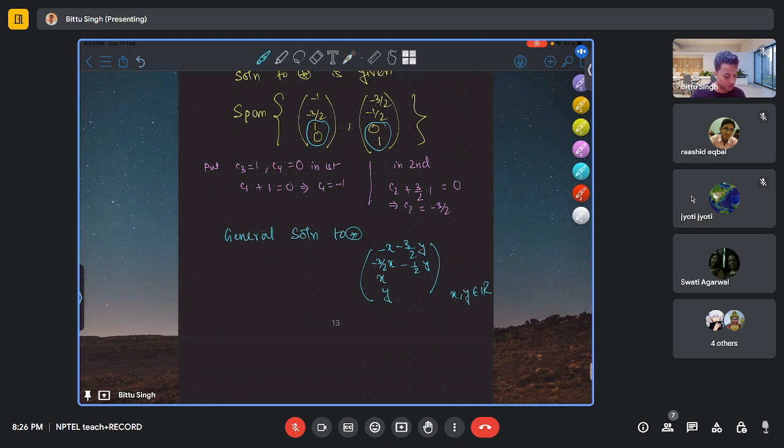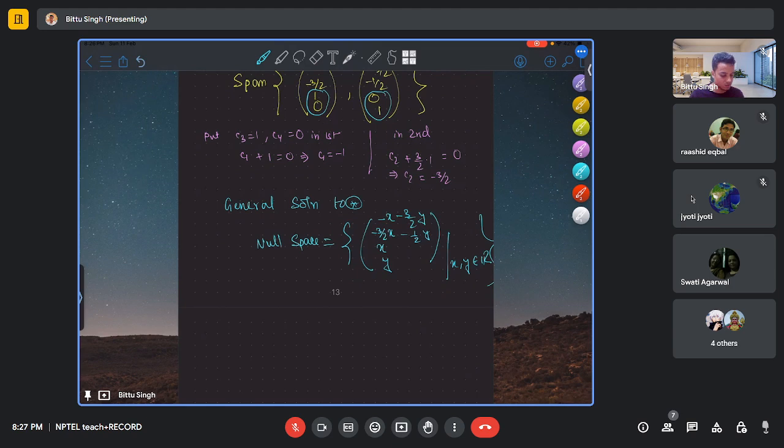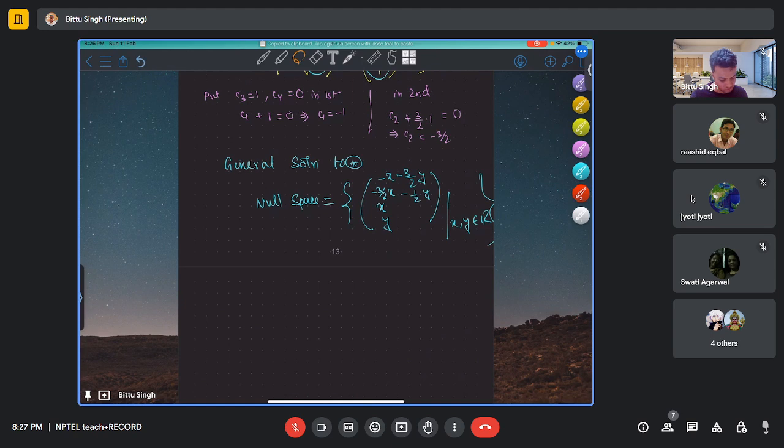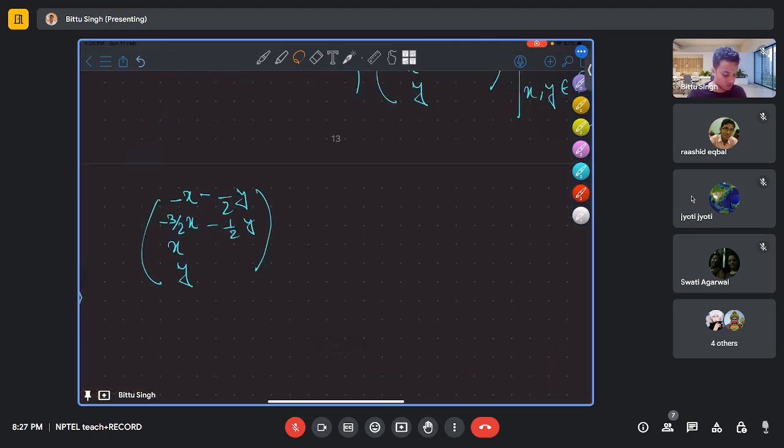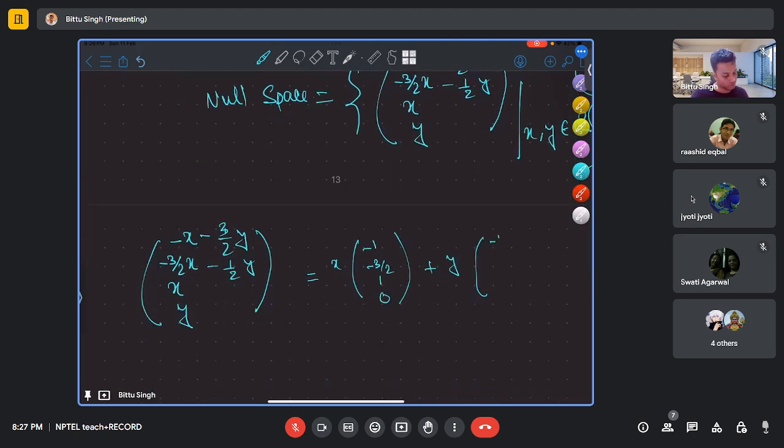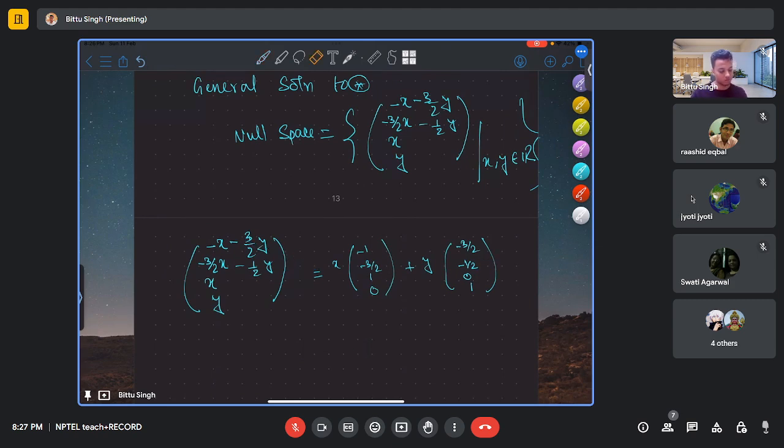Because now you can see that for the null space, W, or solution space, whatever, any element, if you copy this, can be written as x times minus 1, minus 3 by 2, 1, 0, plus y times minus 3 by 2, minus half, 0, 1.